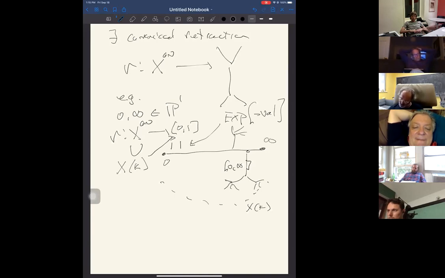But let's notice, for example, say I stop at S. I've got this retraction, I'm calling it R. I can write X as the union of the inverse image of 0 to S and the inverse image of S to infinity. And this is what's called a closed analytic disk. It is just a disk.